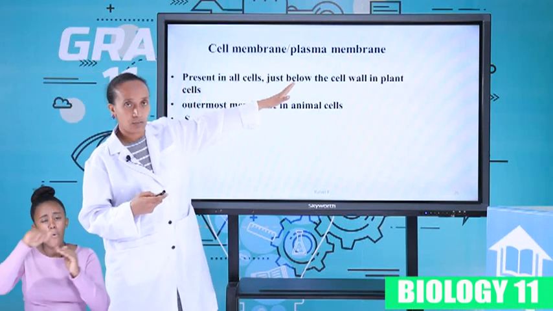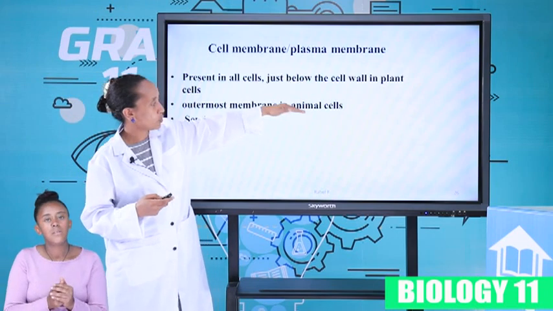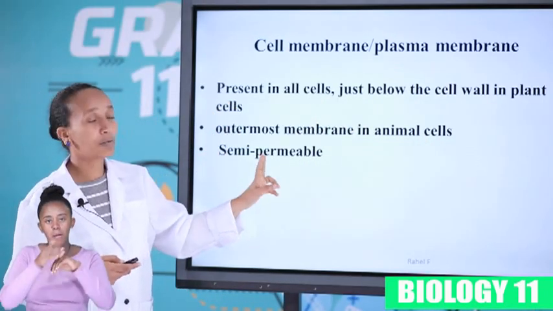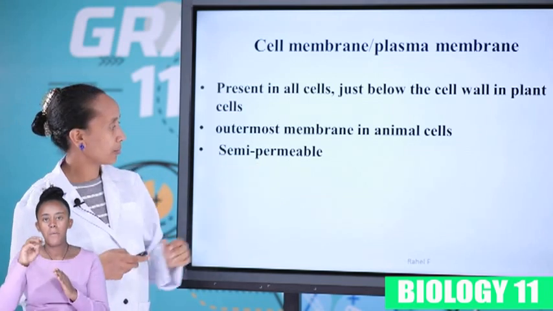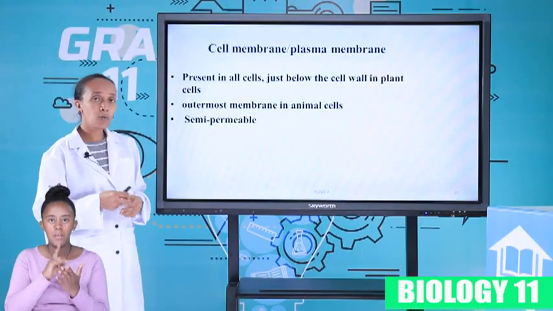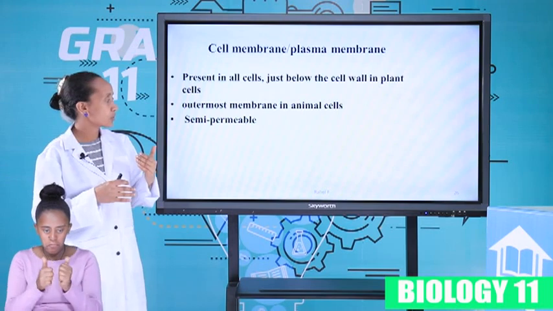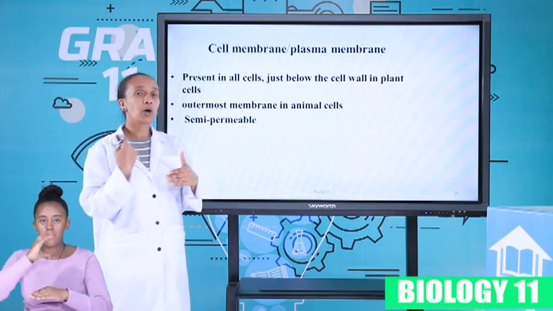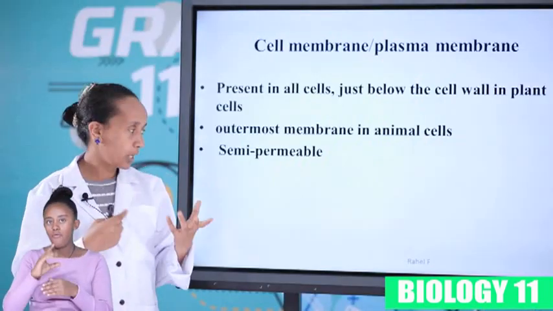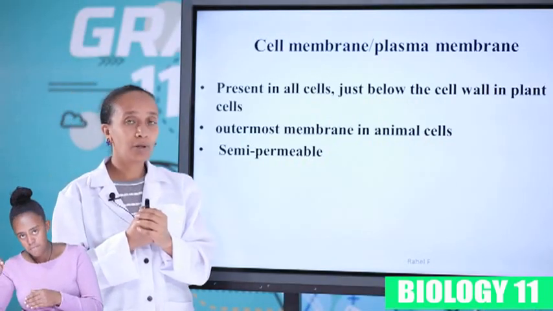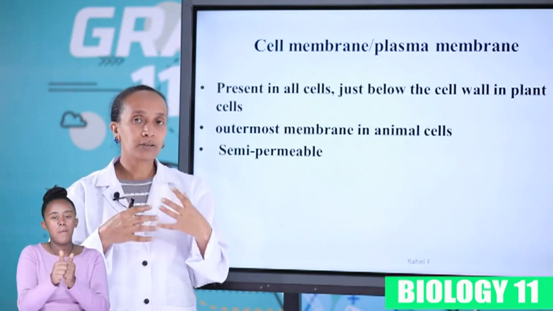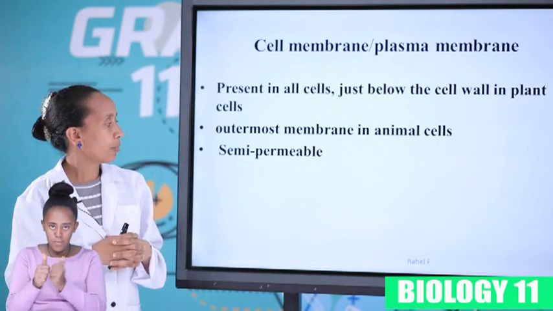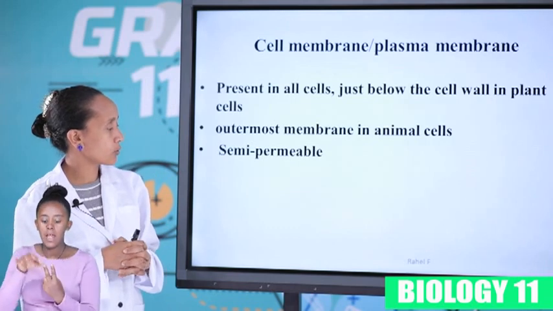In all cases, whether they are plant cells or animal cells, the cell membrane is semi-permeable. Semi-permeable means it can allow some particles to cross into the cytoplasm or out of the cytoplasm. Or in other words, it can allow particles to cross it selectively.